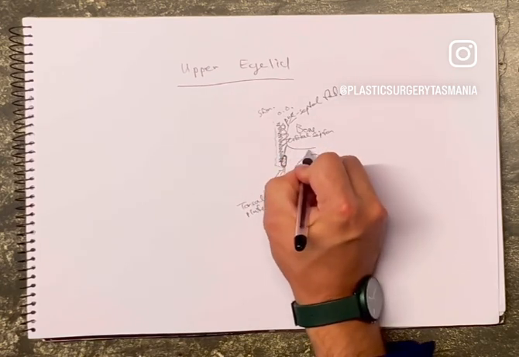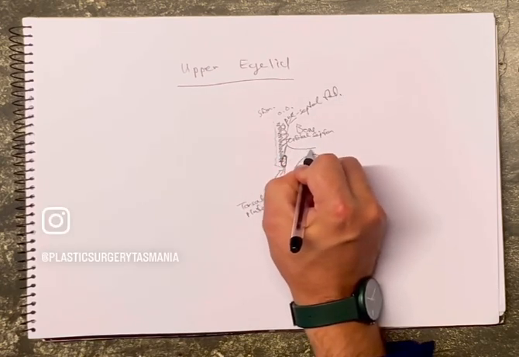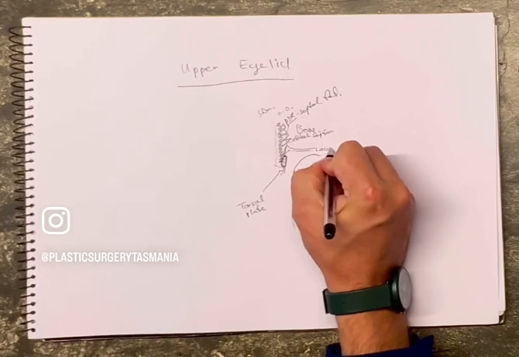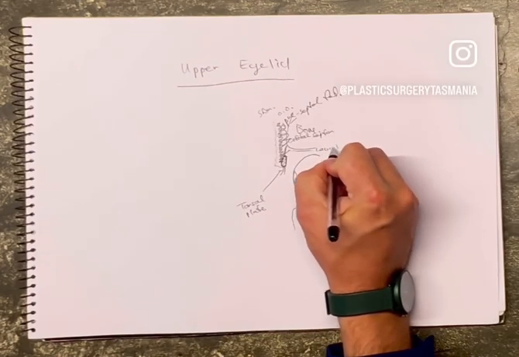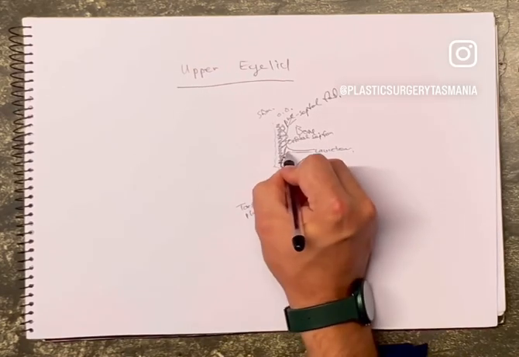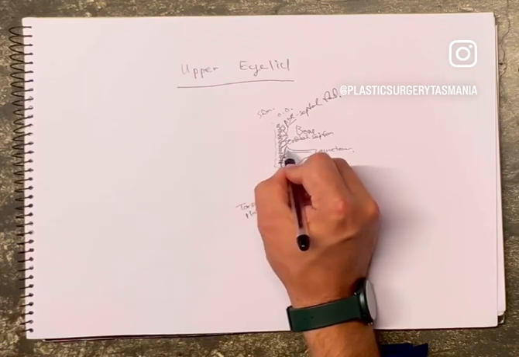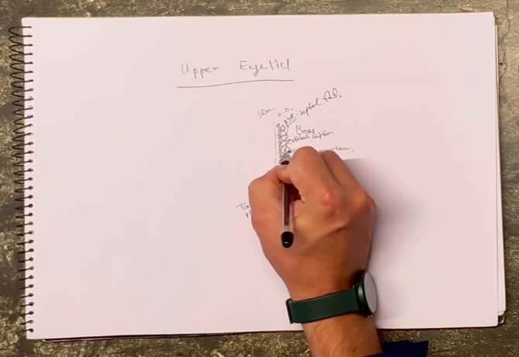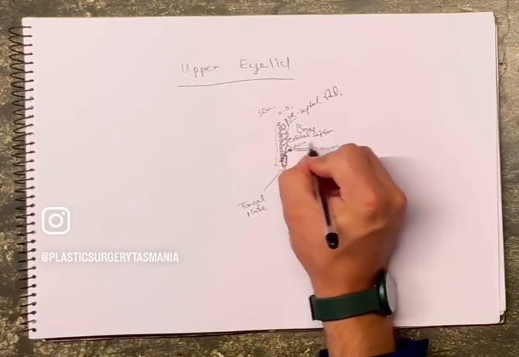And around here comes a muscle that we call the levator palpebrae superioris, and this continues as a sheet we call the levator aponeurosis, and this slings around a structure called Whitnall's ligament.